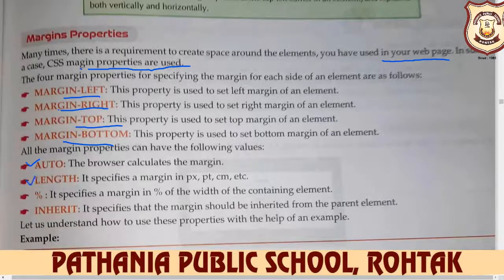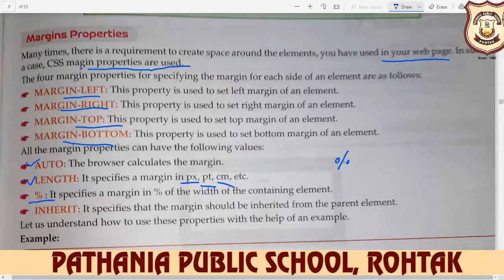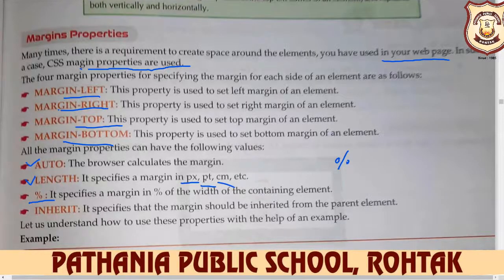Length: if you want to specify a particular length of the margin from the left side or from the right side, then you use pixel, pt, percentage, and centimeter also. If you want to change the length, then use px, pt, and cm. And if you want the width in a percentage, then you write the percentage sign.